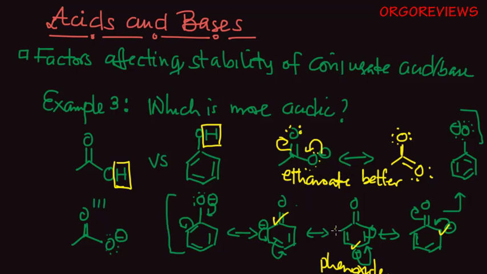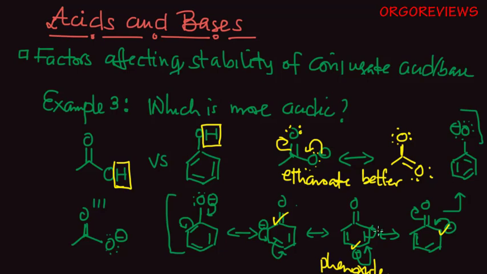Once again, what we're trying to say is that even though you can write more resonance structures for phenoxide, in this case, the negative charge is actually shared around or is moved around on carbons. You have 3 different carbons sharing the negative charge, as compared to the ethanoate where the negative charge is shared between 2 oxygens, which is way better than when you have a negative charge on a carbon.